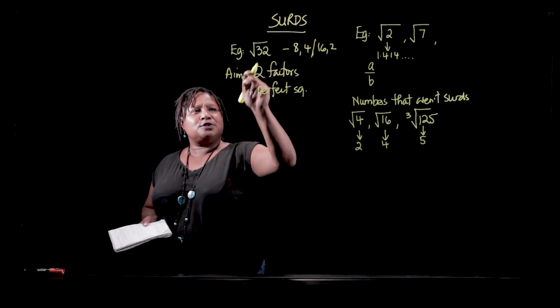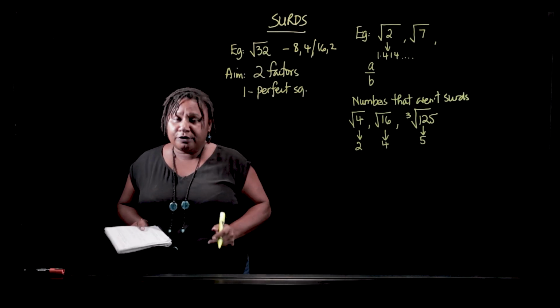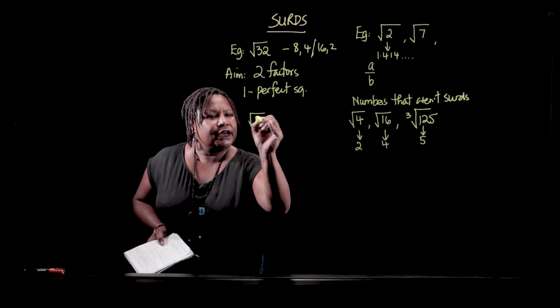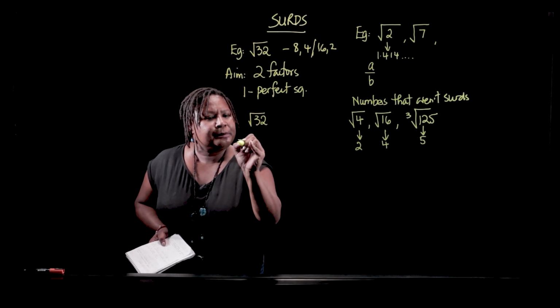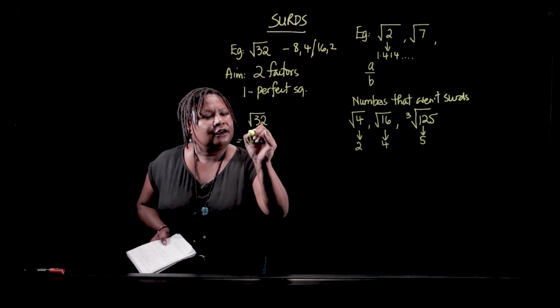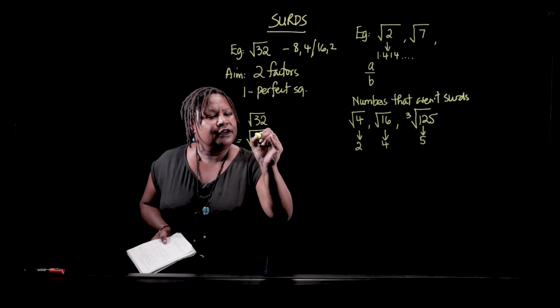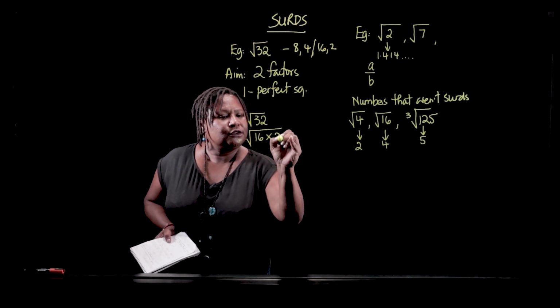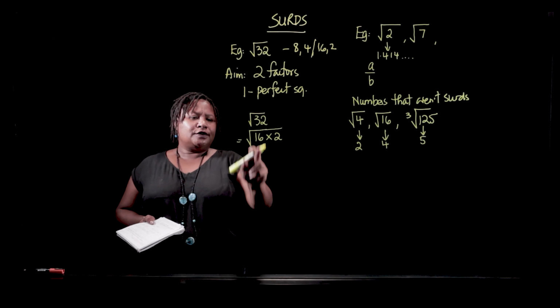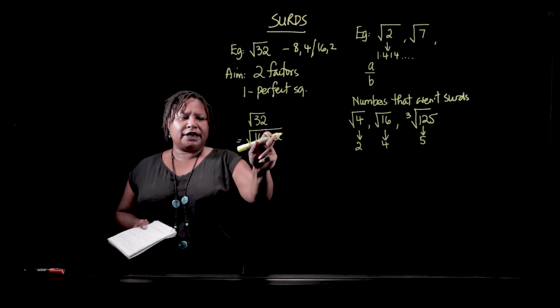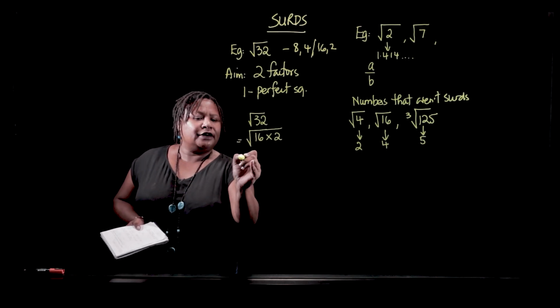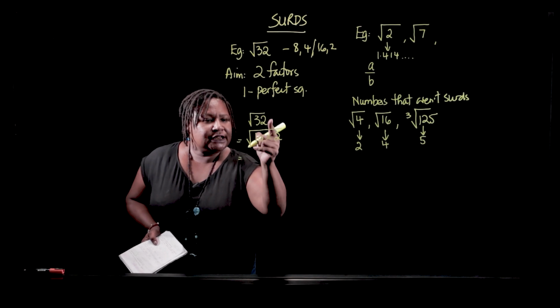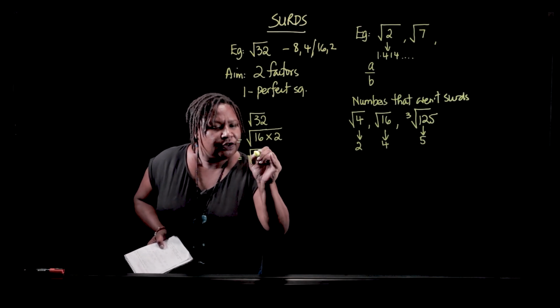So, in order to reduce square root of 32, we are going to rewrite this as square root of 16 times 2. Okay, so one number being a perfect square and the other factor. All right, now we can separate these two.